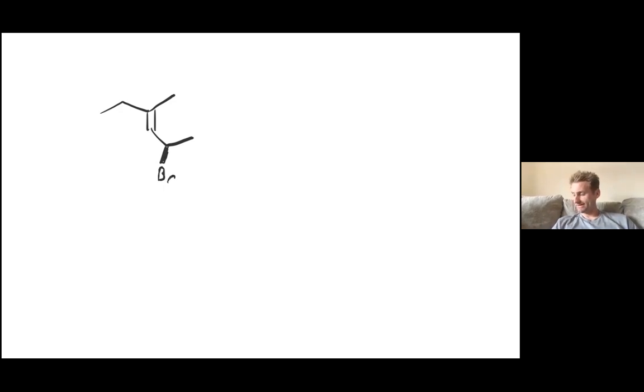So let's take a look at this. We've got really 2 different possible directions we could go in. Either count left to right or right to left. To go to the longest chain, it would be 1, 2, 3, 4, 5, 6 here versus going the other direction.